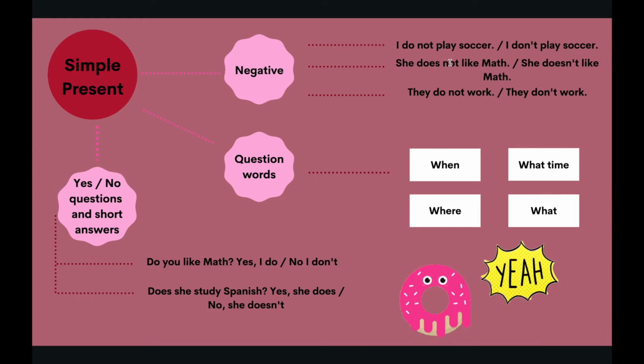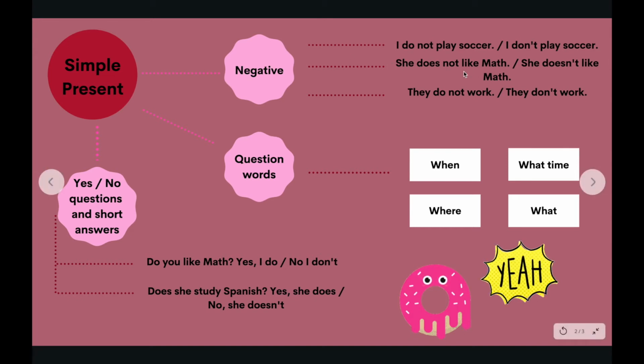For example, you cannot say they doesn't like math, because does is used only with the subjects she, he, and it. I also cannot use she don't work, because that is wrong. I must use she doesn't work. It's very important.